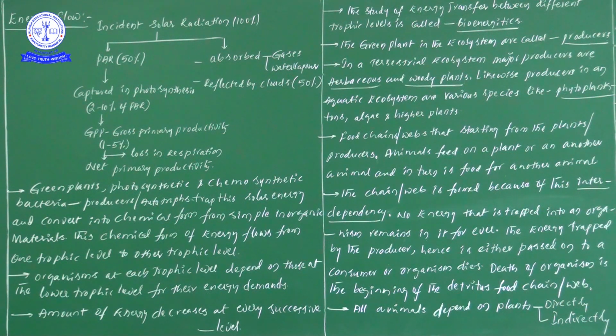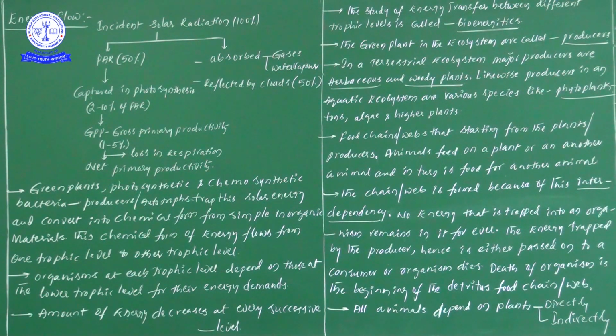According to Lindemann, 10% of energy moves from the producers to primary consumers, from the primary consumers to secondary consumers also 10%, and from the secondary consumers to tertiary consumers again 10%. So when energy moves from one trophic level to another, compared to the producers, the amount of energy decreases in the remaining trophic levels.